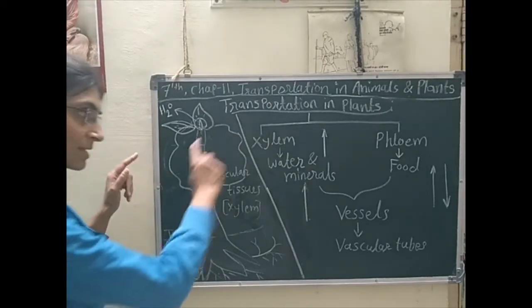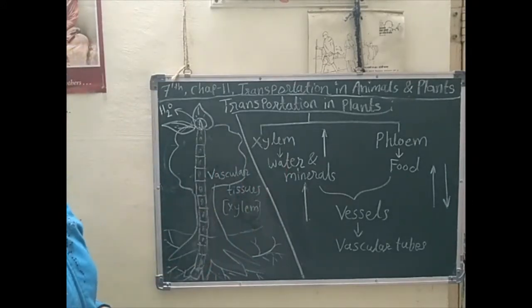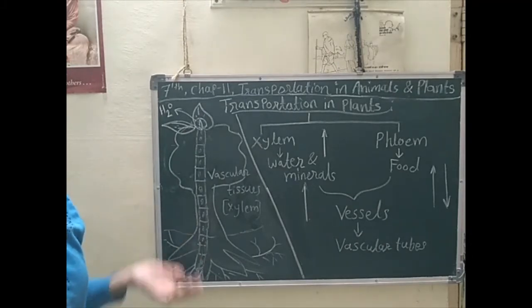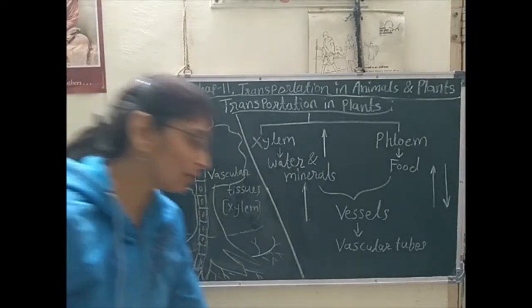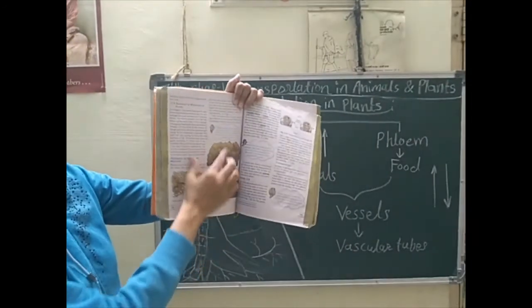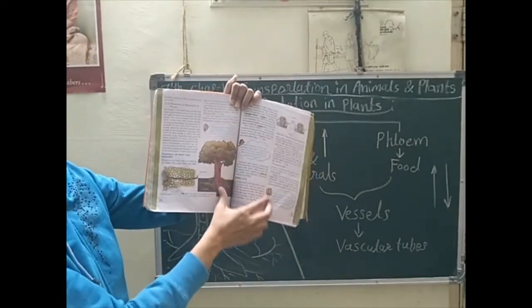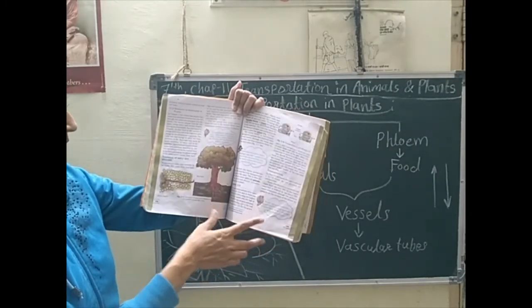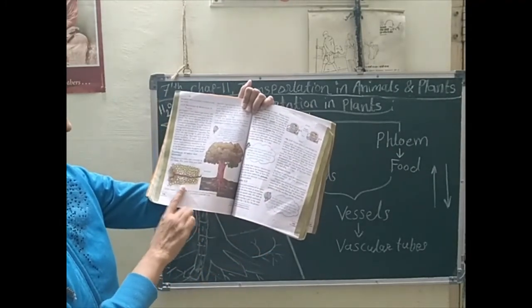So draw this diagram in your notebook as usual and write down all that points which are mentioned. That points also you have to write down, means running notes you have to take out as well. You have to read all that topic from your textbook. Very nicely it is given in your textbook. So read this from here.